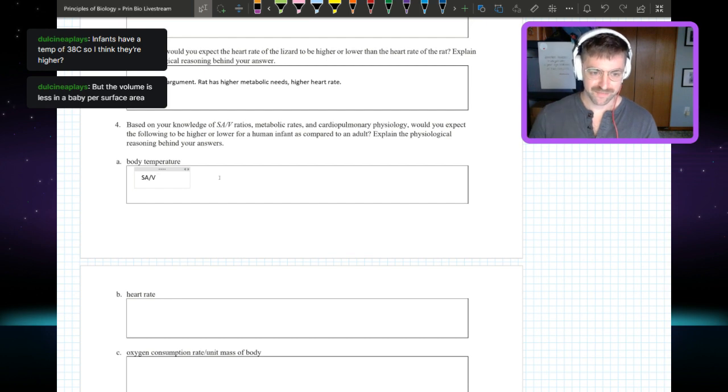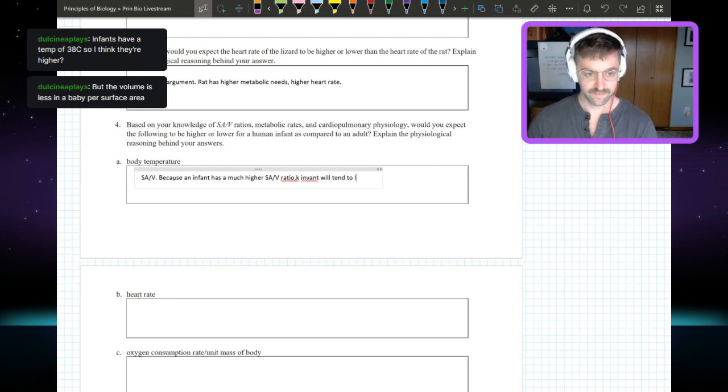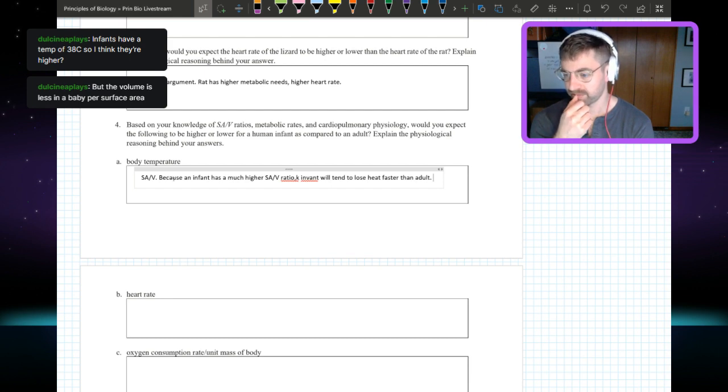So because body temperature is lost across surface area, and because the infant has a much higher surface area to volume ratio than an adult, the infant will tend to lose heat much more rapidly than the adult. Right, exactly. Volume is less in the baby per surface area.